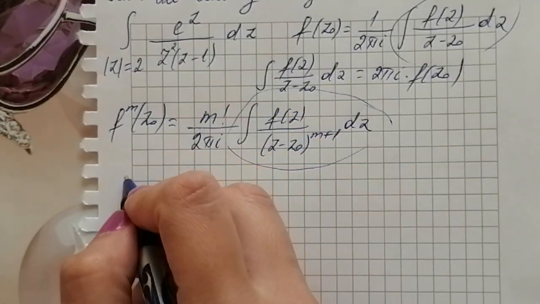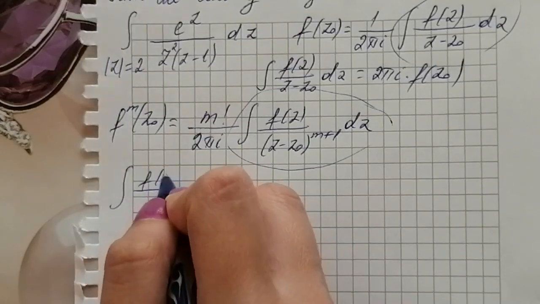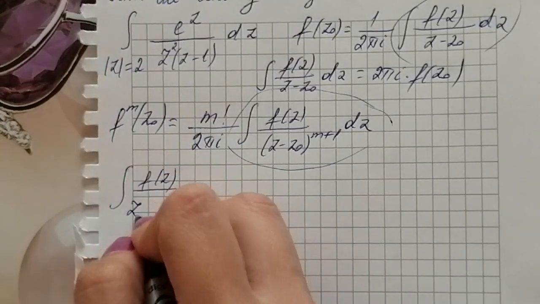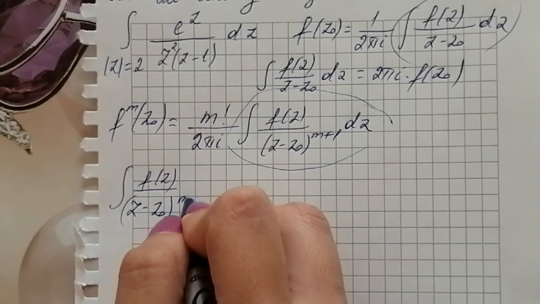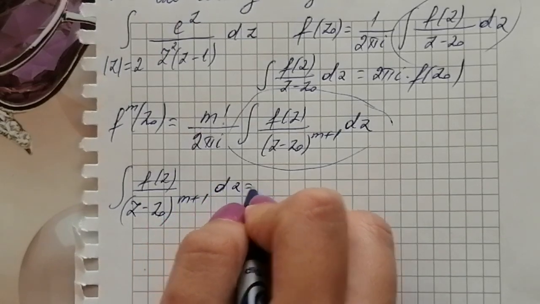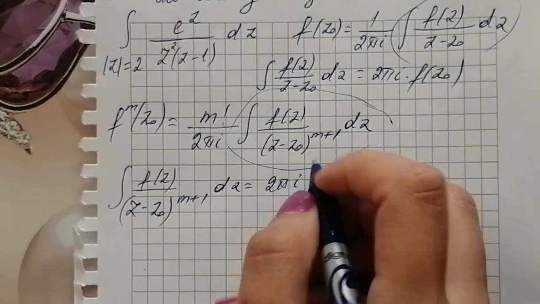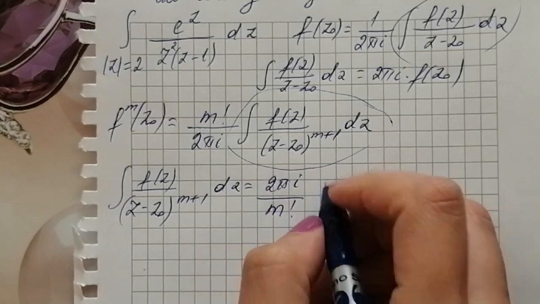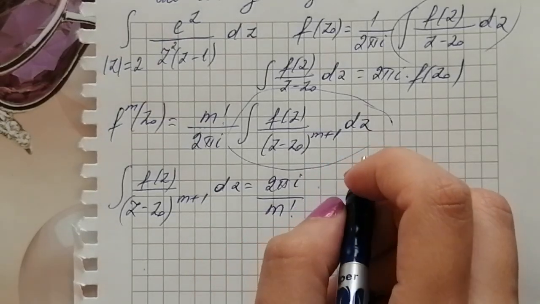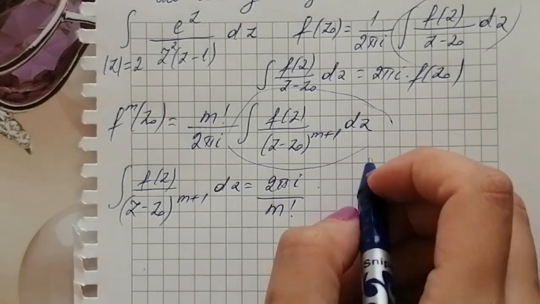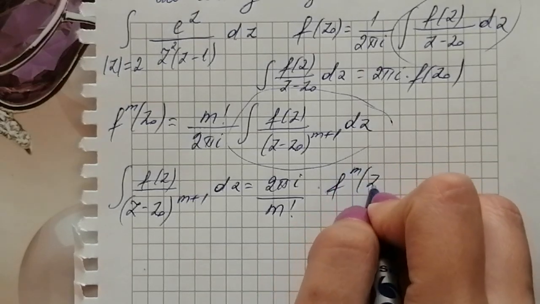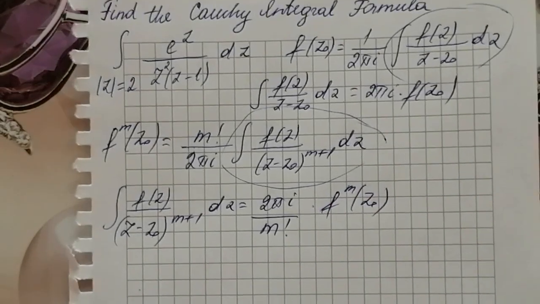So the integral of f of z over z minus z0 to the power of m plus 1 dz is equal to 2 pi i over m factorial times the m-th derivative of f of z0.